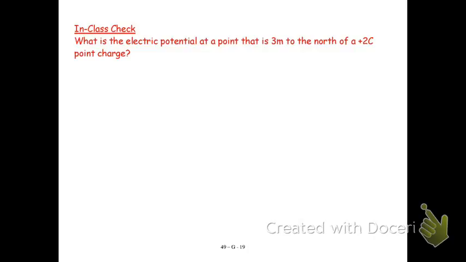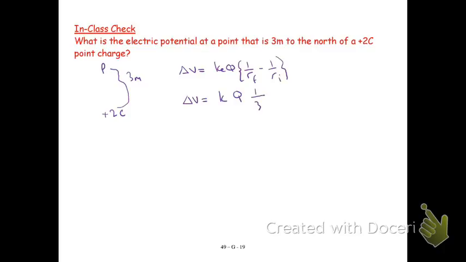What is the electric potential at a point that's 3 meters to the north of a 2 coulomb positive charge? So plus 2. Then 3 meters. There's my point. My change in potential equals KEQ times 1 over R final minus 1 over R initial. So that means KEQ times 1 over 3 minus 1 over infinity.